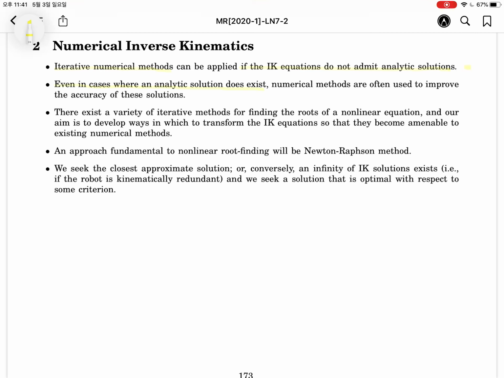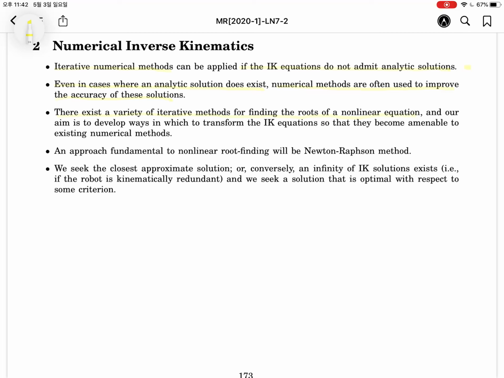Even where analytic solutions do not exist, numerical methods are often used to improve the accuracy of the solution. So I think the numerical IK issue is more general compared to the analytic IK.